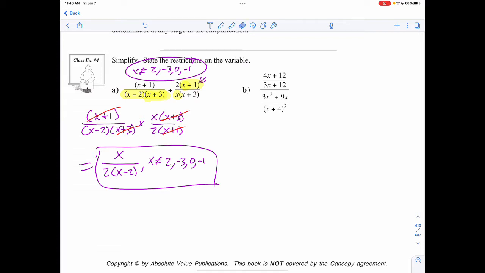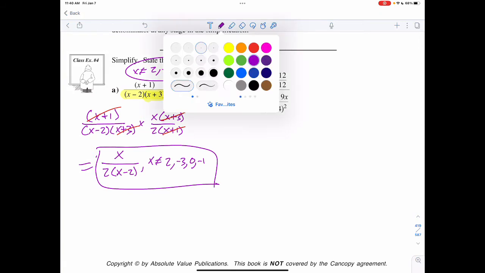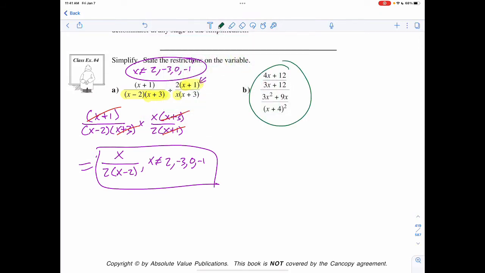Now, I love these ones because they look more complicated than they realistically are. I have an entire fraction being divided by another entire fraction, which means that I can start by rewriting that.